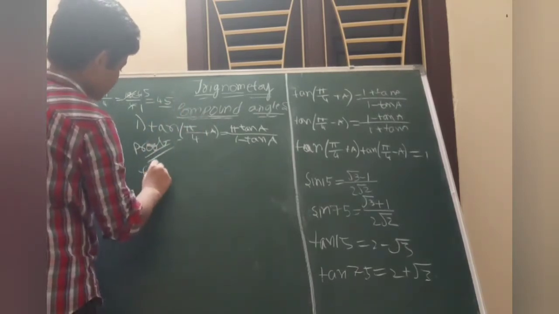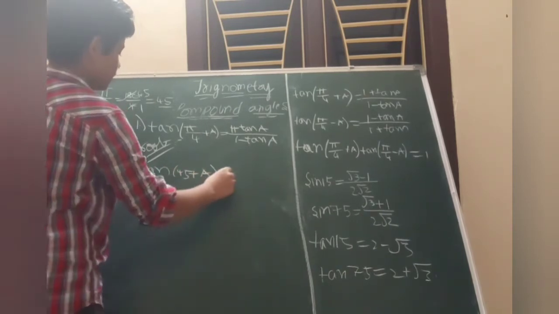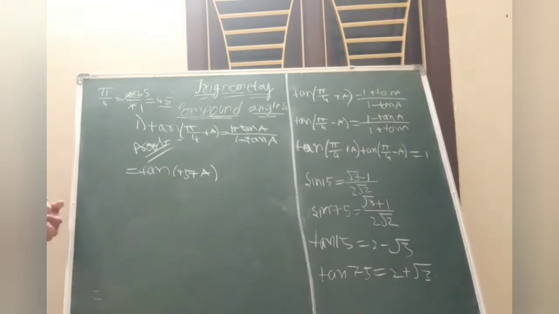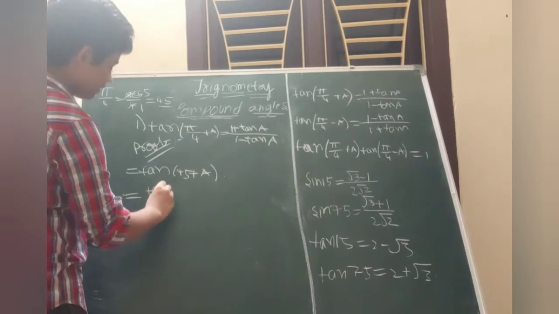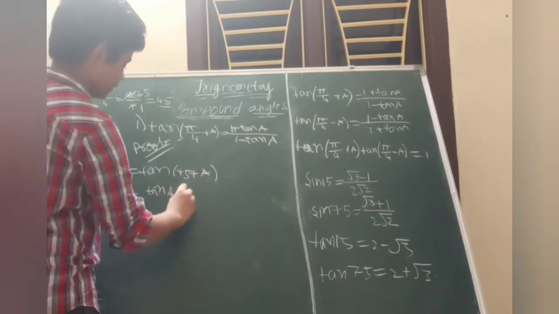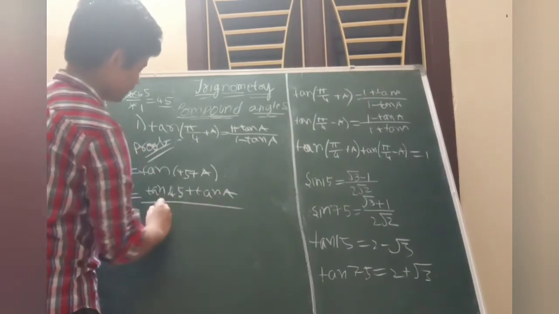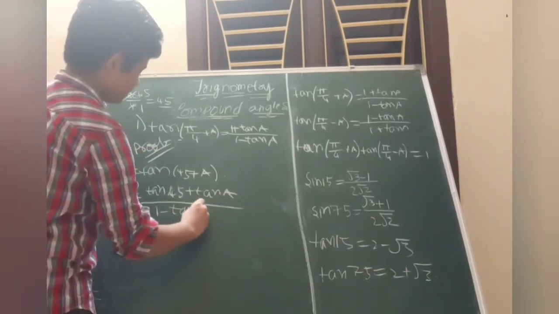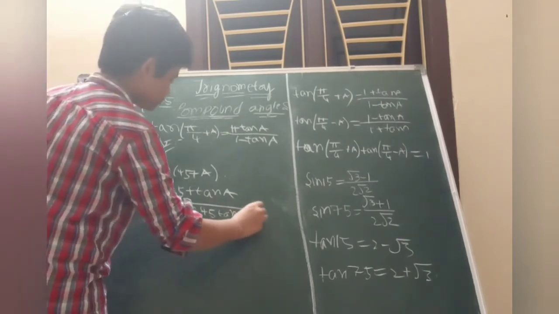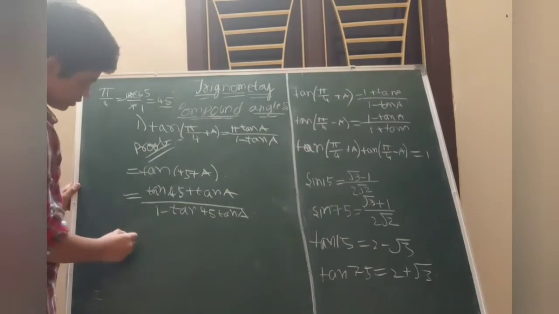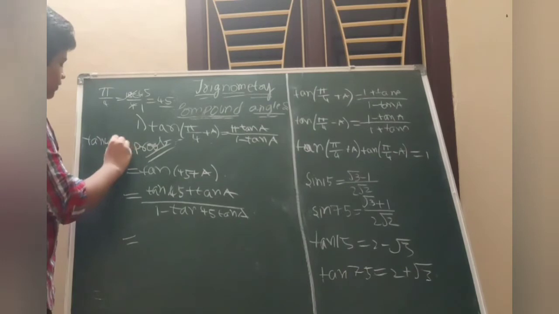So it becomes tan of 45 plus A. Now if you apply the formula of tan of A plus B, it becomes tan 45 plus tan A by 1 minus tan 45 into tan A. We already know that the tan 45 value is equal to 1.